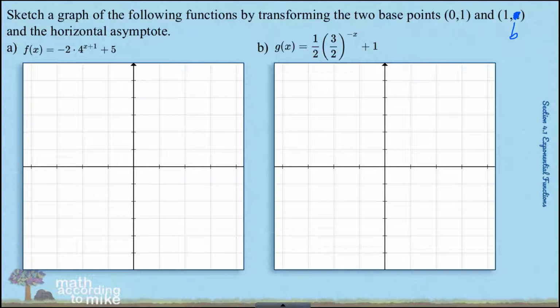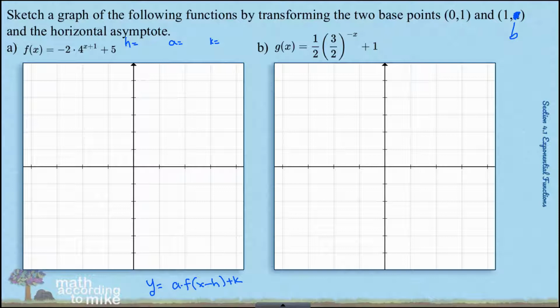Okay, so doing our transformations, we have three letters. We have H, we have A, K. So that's the A I didn't want you to confuse with. H is always with the variable. I'm going to write down here, our generic form of a transformation is A times the function of X minus H plus K. So H is what you are subtracting from the variable.